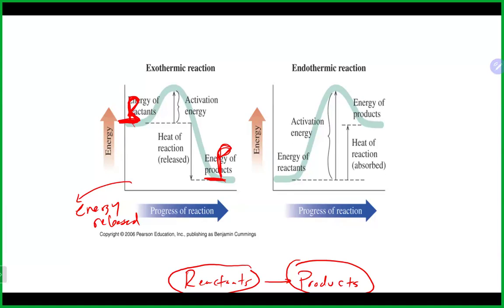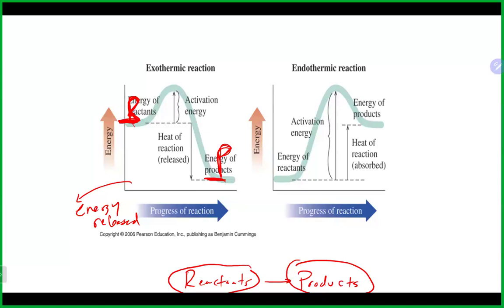Now, does every collision that occurs, which is one of the things that you need for a reaction to take place, result in products being formed? The answer is actually no. You basically need everybody to collide with one another to start the process of a chemical reaction, but they need to collide with each other in the right spot, sometimes called the active spot, for that reaction to occur.